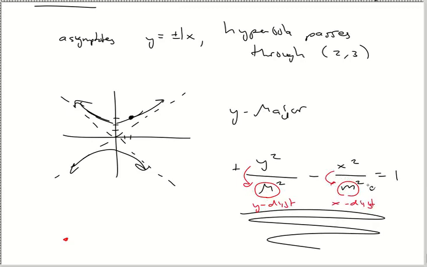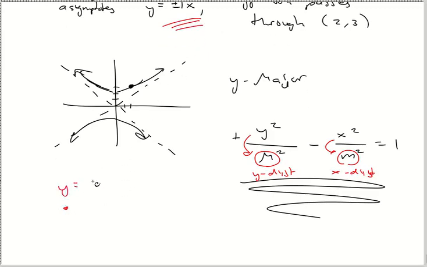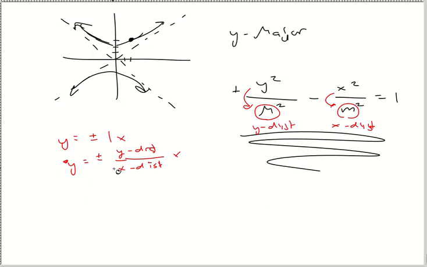And that is important for my asymptotes, because that plus or minus 1x is going to be the Y distance over the X distance. So 1 is equal to my Y distance over my X distance.